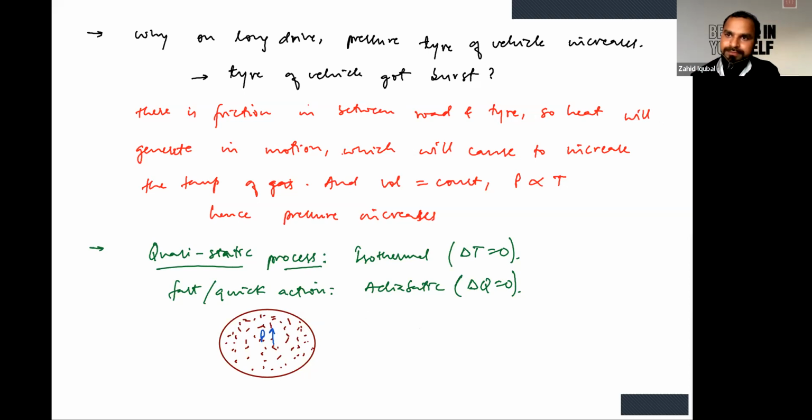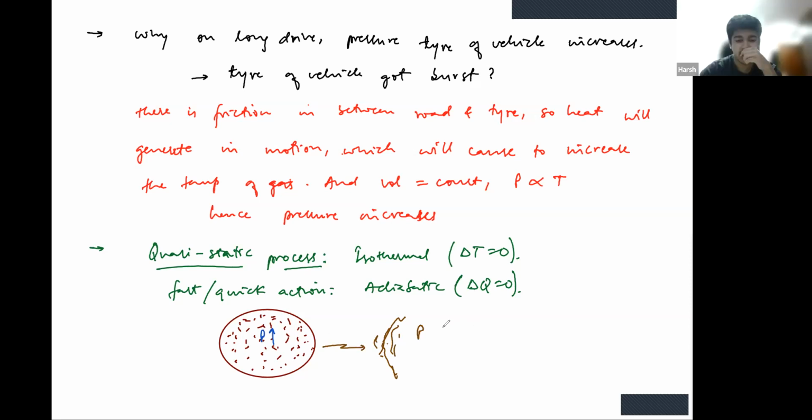On bursting, it will come in contact with the atmosphere. It means on going from this part to this part, pressure will decrease. Good. And this bursting of the balloon will be a slow process or a quick process? Quick, sir. So it will be isothermal or adiabatic?